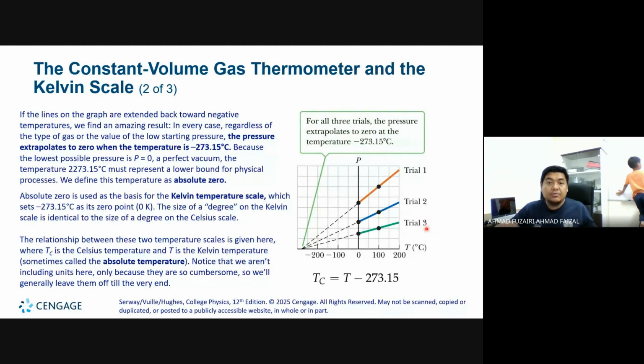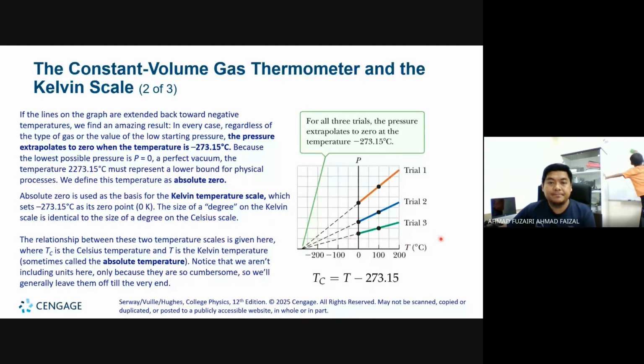The experiment shows that thermometer readings made with a gas thermometer containing different gases are nearly independent of the type of gas used, as long as the gas pressure is low and the temperature is well above the point at which the gas liquefies. We can also perform the temperature measurements with the gas in the flask at different starting pressures at 0 degrees Celsius.